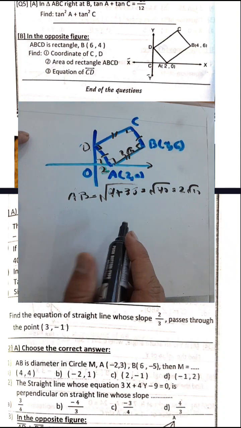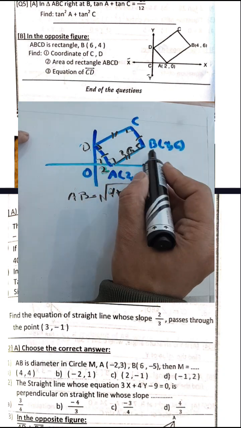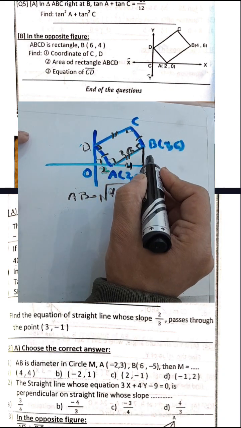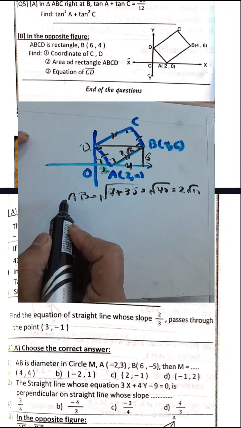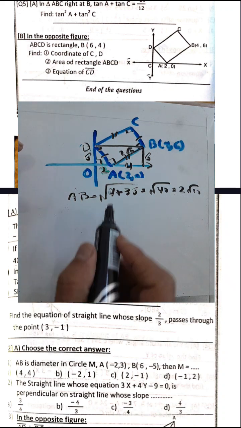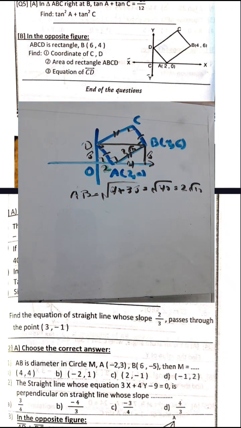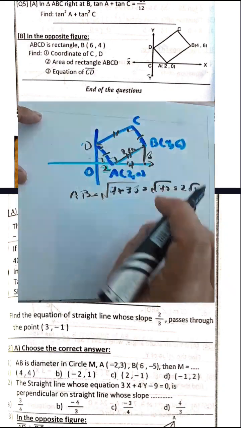Okay, and this point was 4 and 6. Moving from 2 to here is 4, and going up 6. If we draw here, it will be 6 units. We called it a rectangle, but it's not equal in all sides, okay, 6 only.